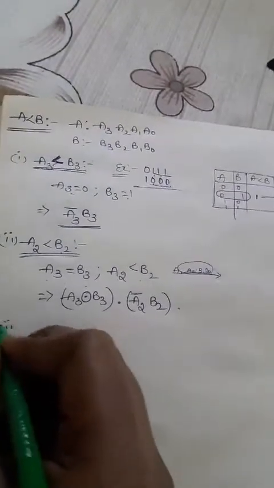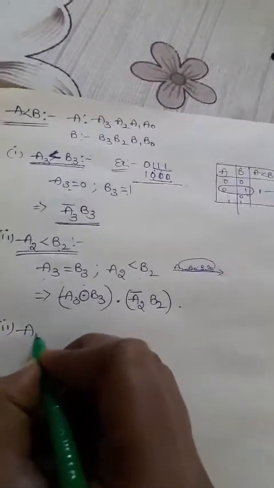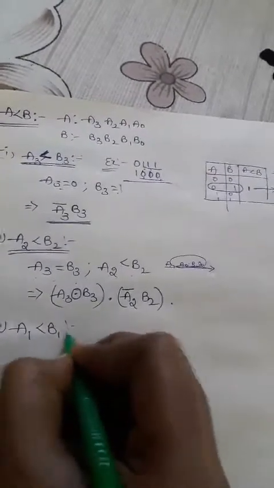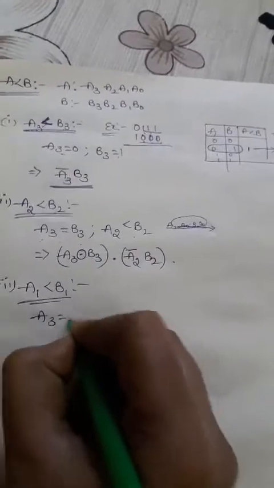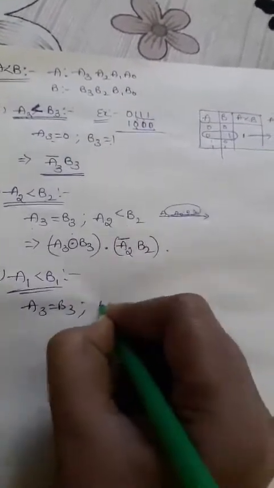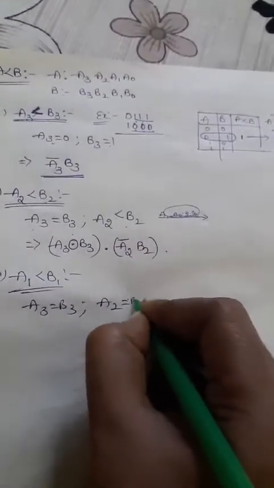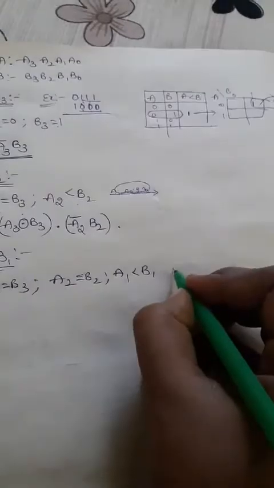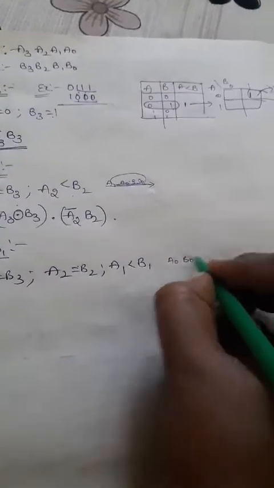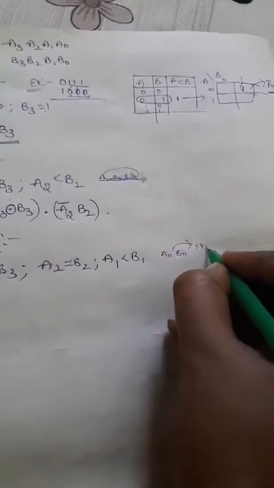So now coming to the third one. Here the third case is nothing but A1 less than B1. What are the remaining bits? The previous bits for A1 and B1 are A3, A2, and those must be equal. So A3 compared to B3 must be equal, A2 compared to B2 must be equal, and A1, B1 will satisfy the less than condition, and A0, B0 must be skipped.